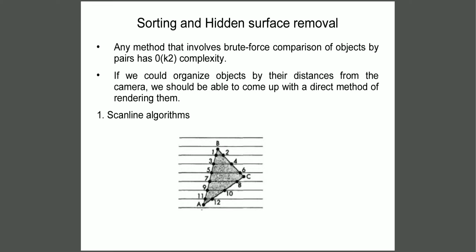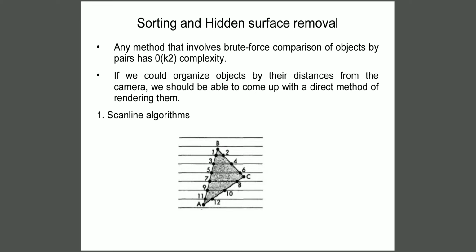To reduce the complexity even lower than big O of k, we can use a sorting process. Before performing rasterization, we need to sort or arrange all the polygons or objects in a particular order depending on their z coordinate value. If we arrange all the objects by z coordinate value and then perform rasterization, the complexity is reduced to less than big O of k.